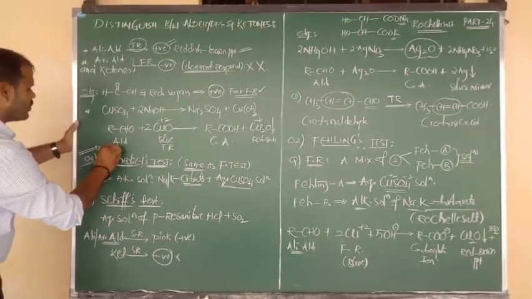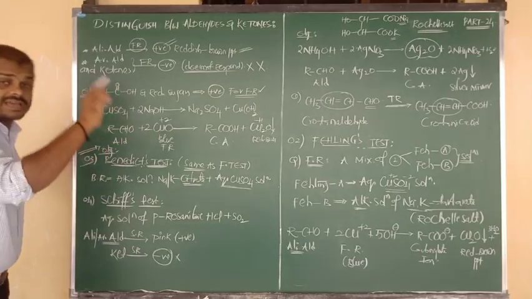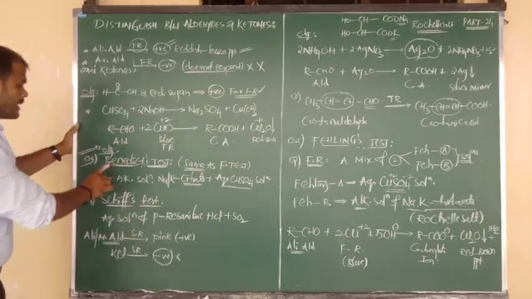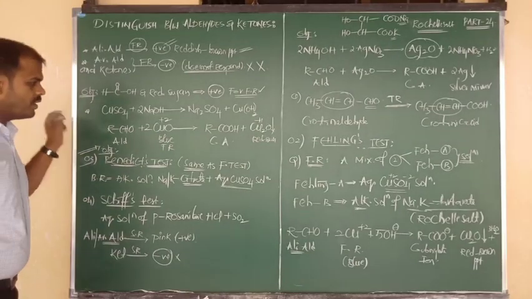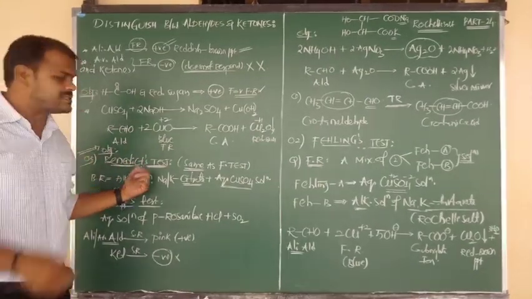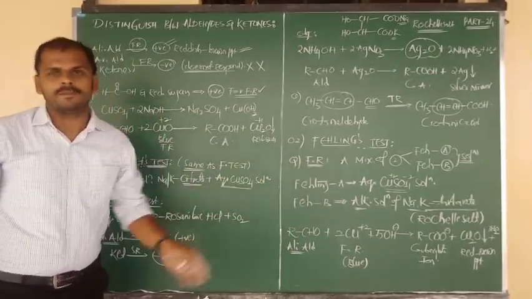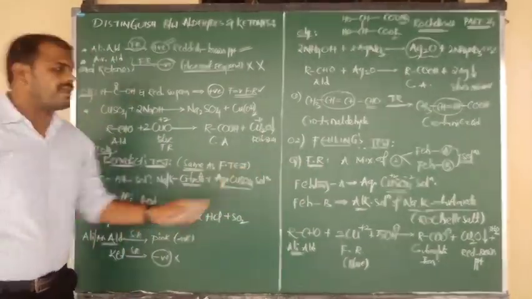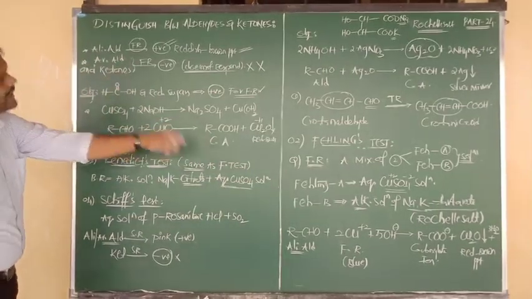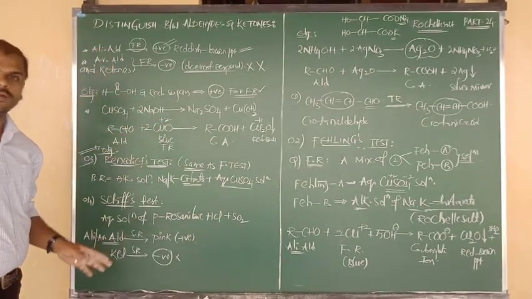But the Benedict test is only for objective. Tollens and Fehling's theory come in objective. Benedict is only for objective point of view. The reactions of the Benedict test are the same as Fehling's test. Same reactions you can write, same final precipitate, reddish brown precipitate. Tollens and Fehling's and Benedict are all positive for aliphatic aldehydes.